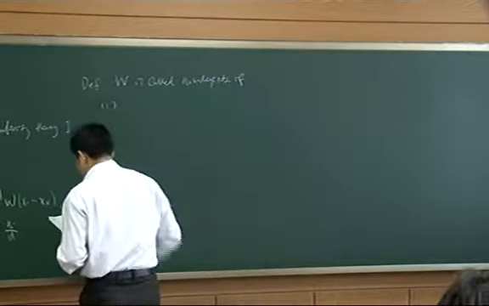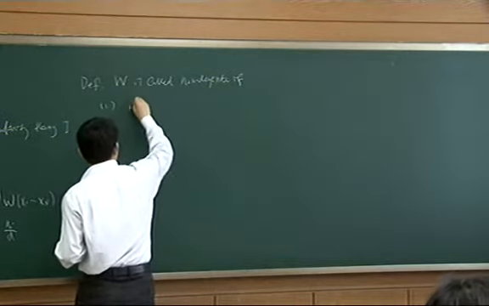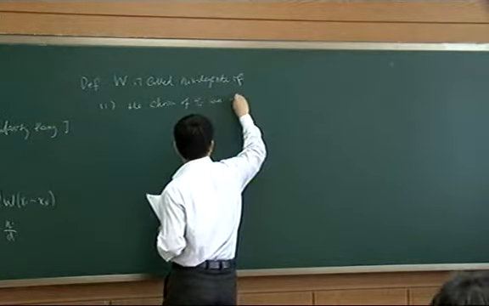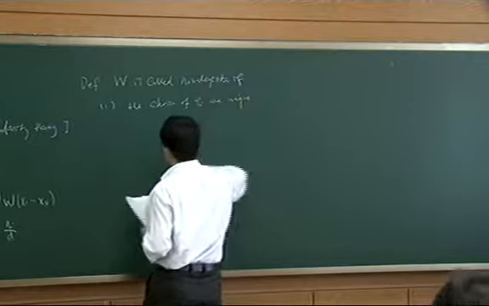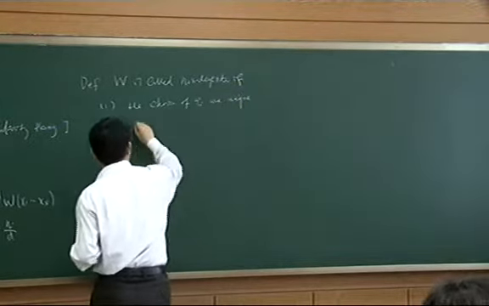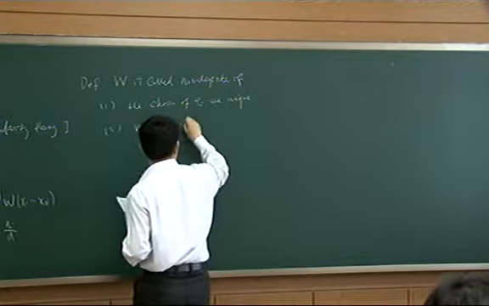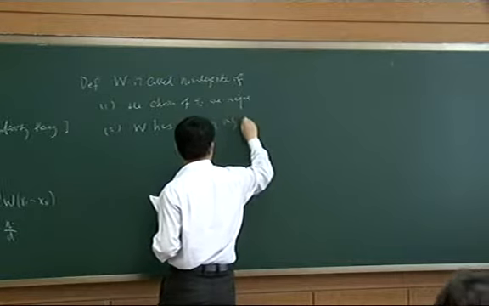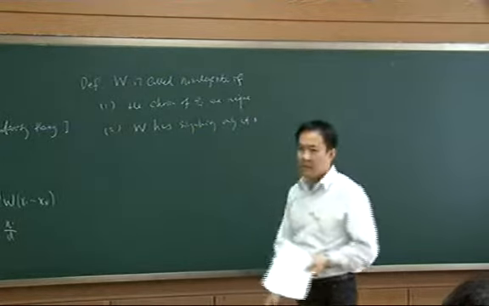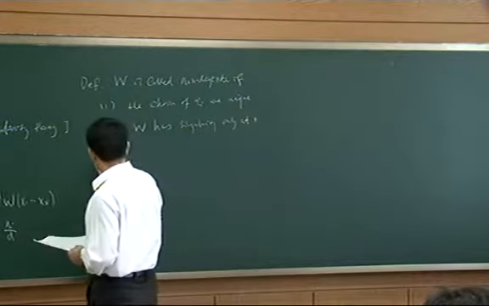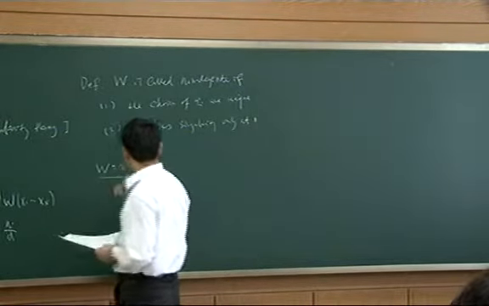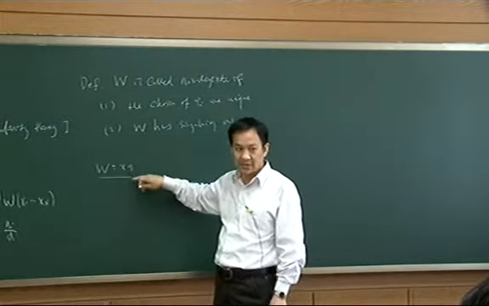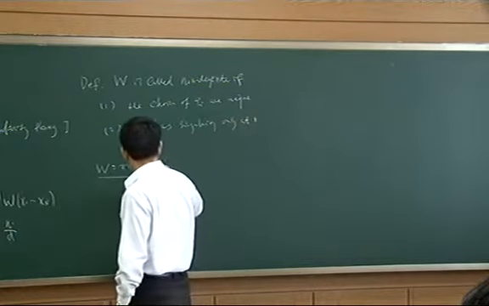The first one is that the choice of qi is unique. Second, W has a singularity only at 0. A counterexample is W equals xy. In this case, the weight is not uniquely determined. So this is a counterexample.